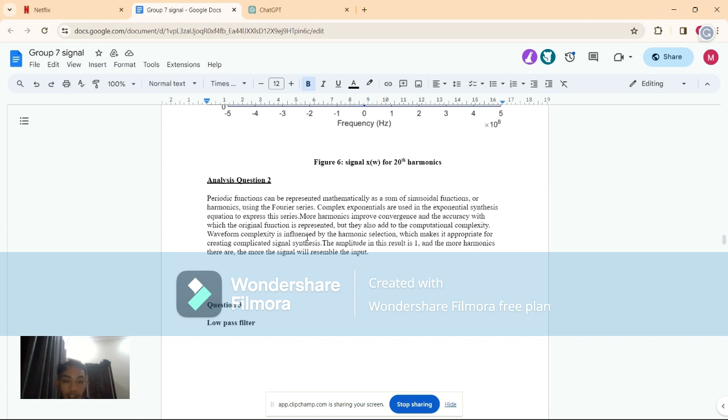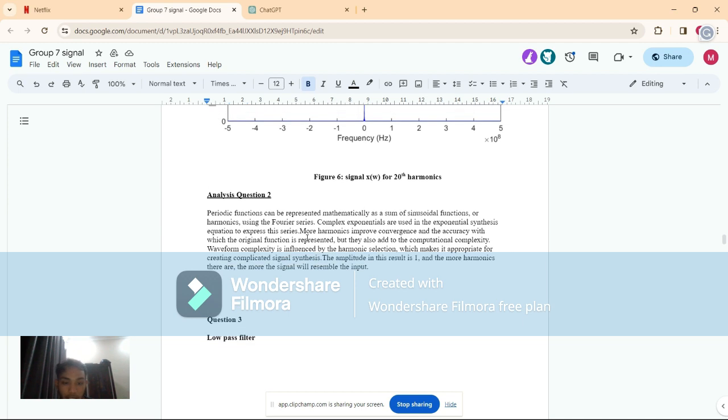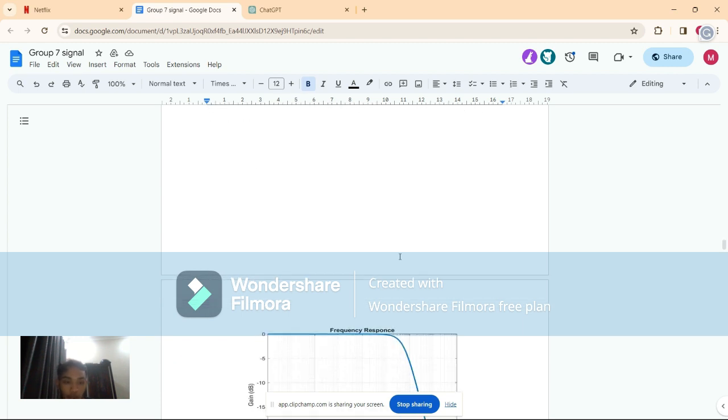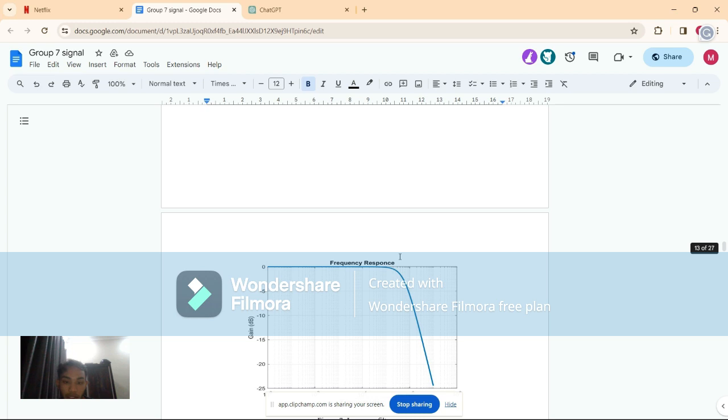Waveform complexity is influenced by the harmonic selection, which makes it appropriate for creating complicated signal synthesis. The amplitude in this result is 1, and the more harmonics there are, the more the signal will be reasonably smooth.